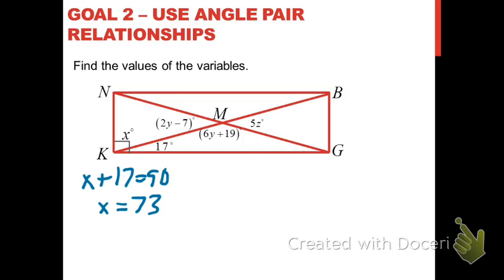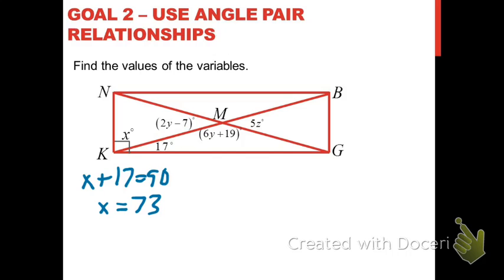Perfect. Okay. Now for the value of y. If I just tried to use this 2y minus 7 degree angle, there's no reason for me to know what that is equal to. However, let's use this other angle that it's adjacent with that also has a y in its measure. Those two angles form a special kind of angle pair, don't they? Those are a linear pair.